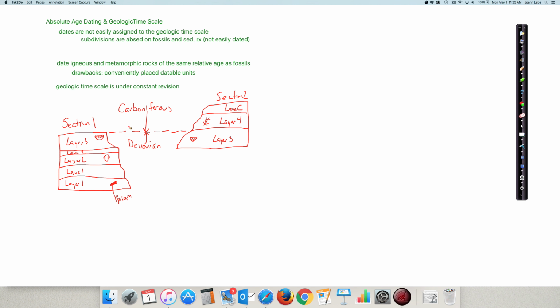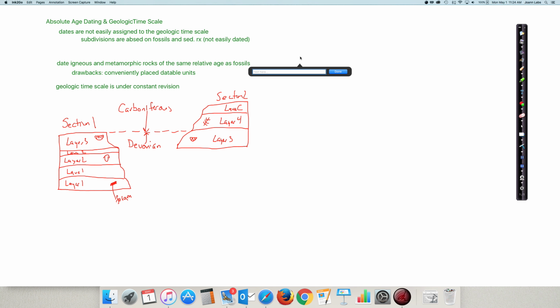But to date that, they would have to know the ages of the lava flows. So you're going to use the fossils to correlate, and then the ages of the lava flows to figure it out.